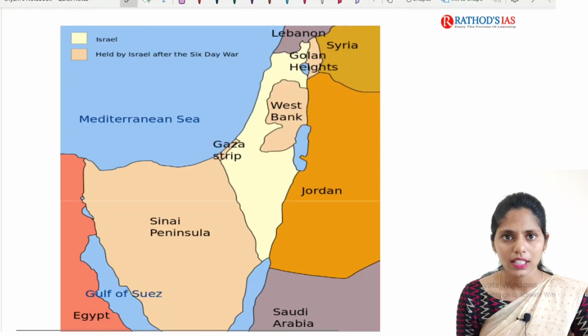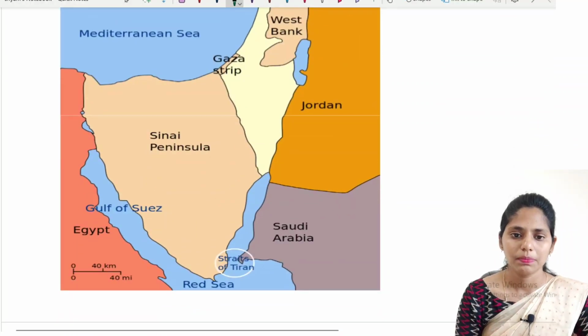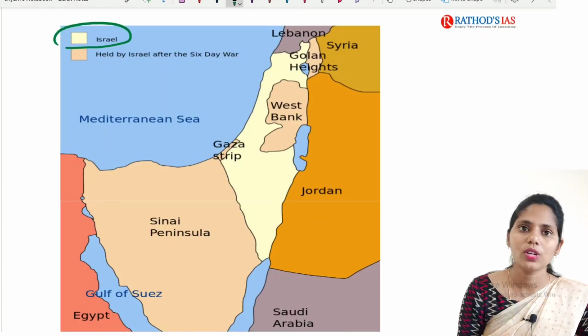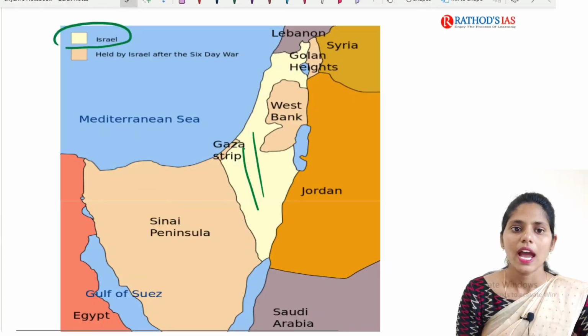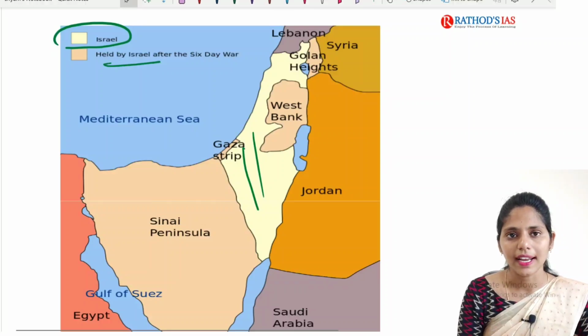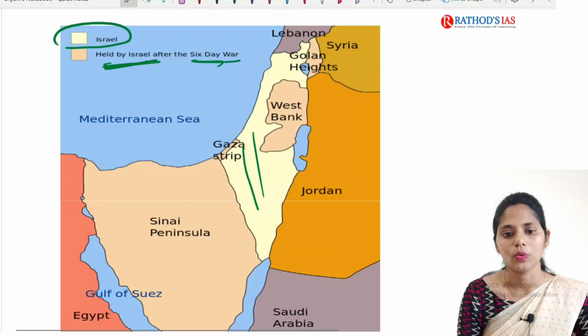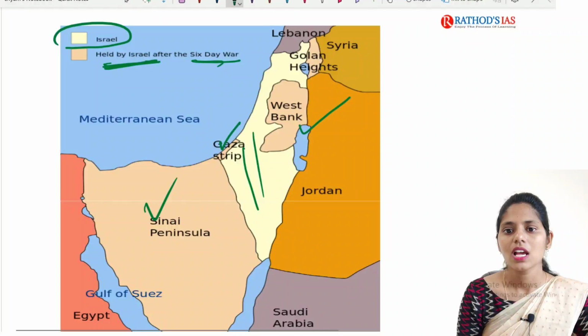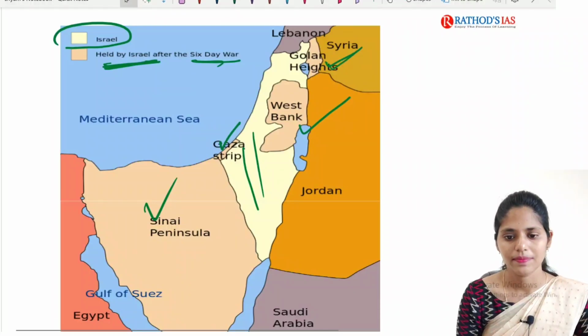And if you see another image, here this light lemon yellow color is Israel, actually these are the parts. So these light brown color parts are held by Israel after the 6-day war: the Sinai Peninsula, the West Bank and some parts of the Gaza Strip, and even the Golan Heights.